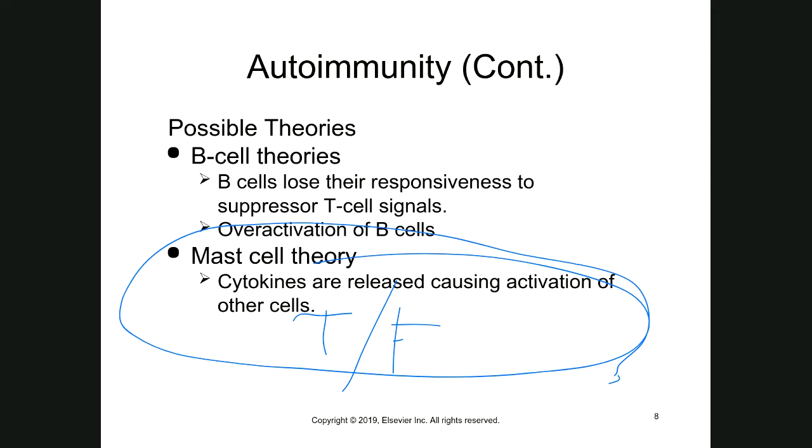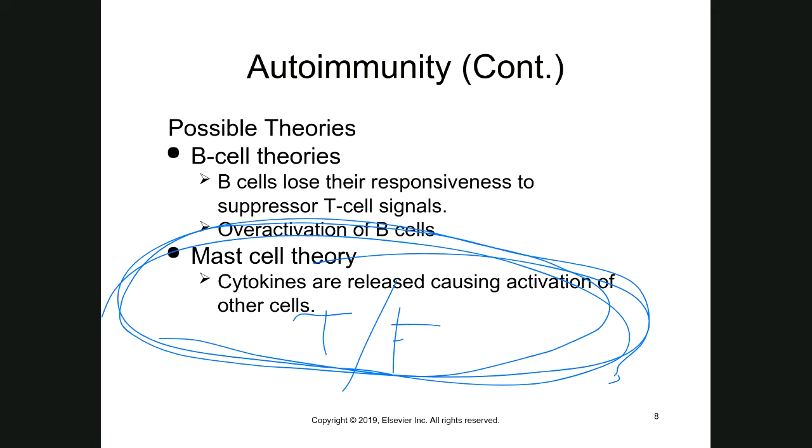And this second bullet is essential because you will see it as a true or false in one test and as a multiple choice in another test. Somebody will see it like a true or false, somebody will see it in the multiple choice. Careful with that mass theory, and the cytokines are released causing activation of other cells. Cytokines, you can see basically like messengers to attract help from the white blood cells inside of that particular body. Moving on over there.